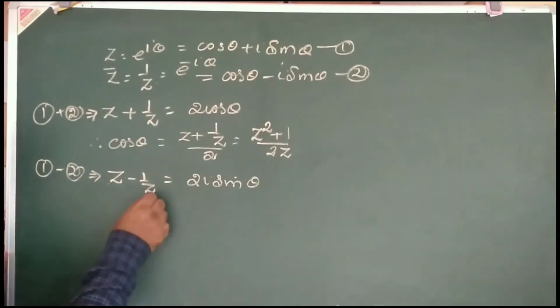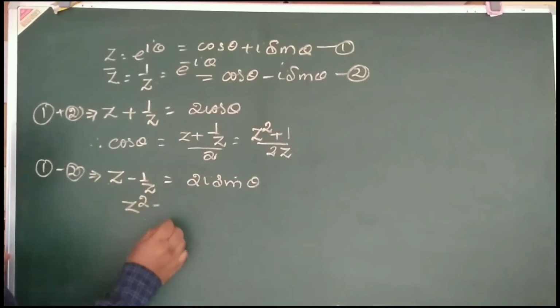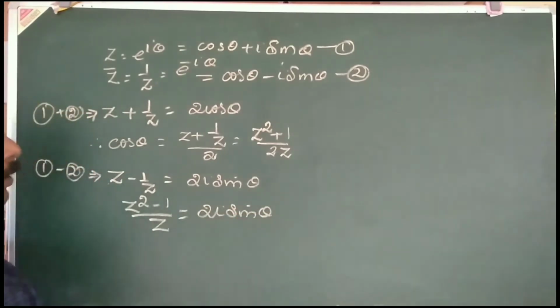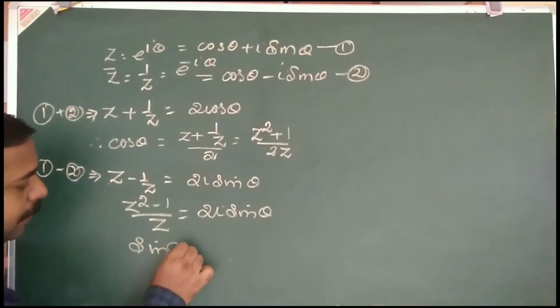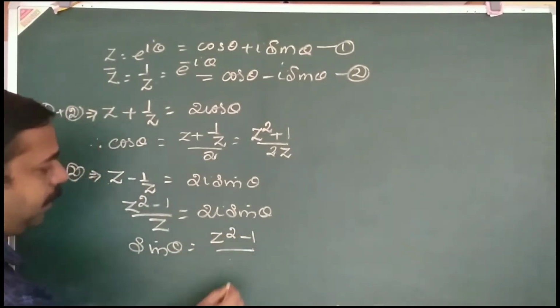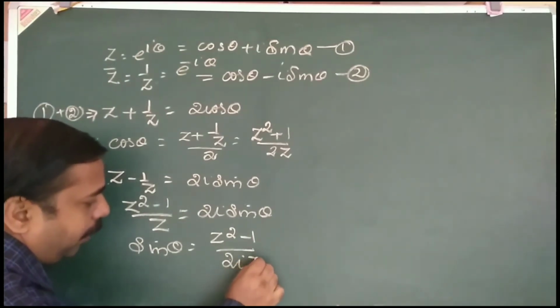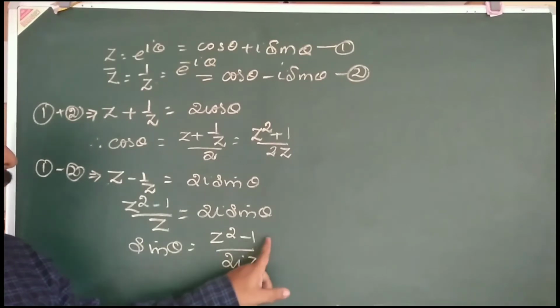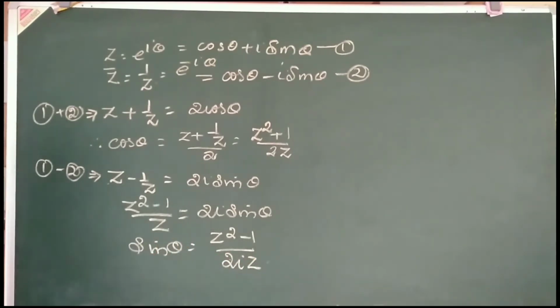That is z minus 1 by z is equal to 2i sin theta. But we need only the sin theta value, that is sin theta is equal to z minus 1 by z divided by 2i. So sin theta is equal to z square minus 1 divided by 2i z.